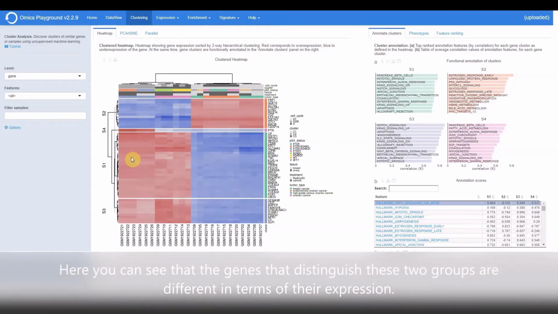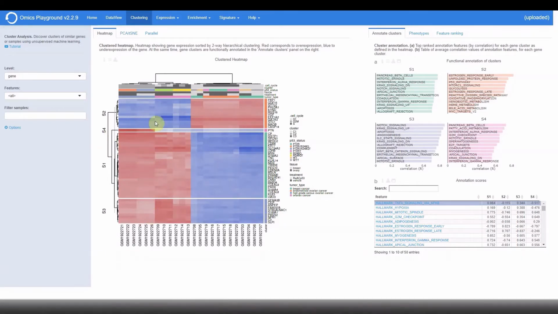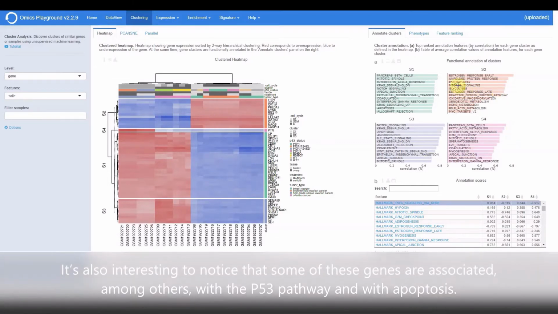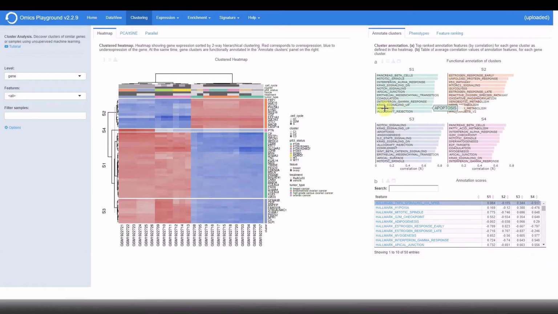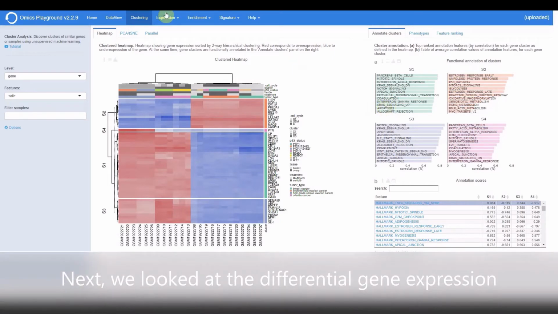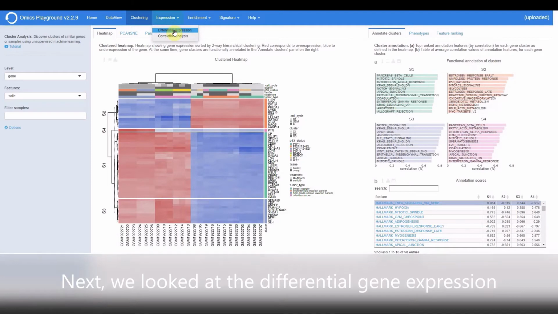And you can see that the genes that distinguish these two groups are strikingly different in terms of their expression. It's also interesting to notice that some of these genes are associated, among others, with the p53 pathway and with apoptosis. So next, we looked at the differential gene expression.